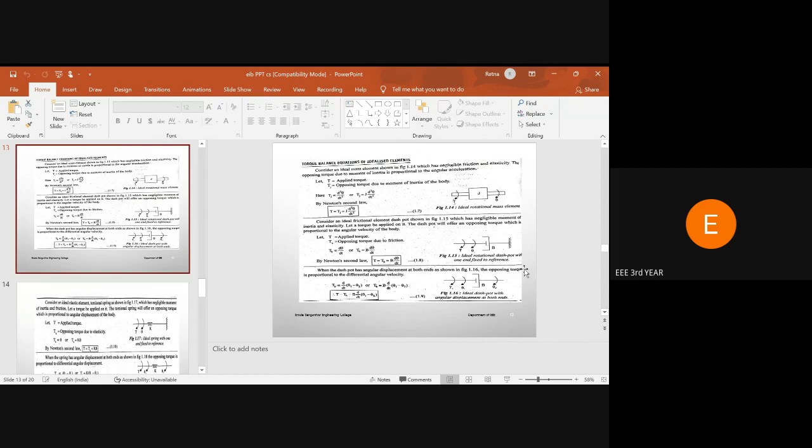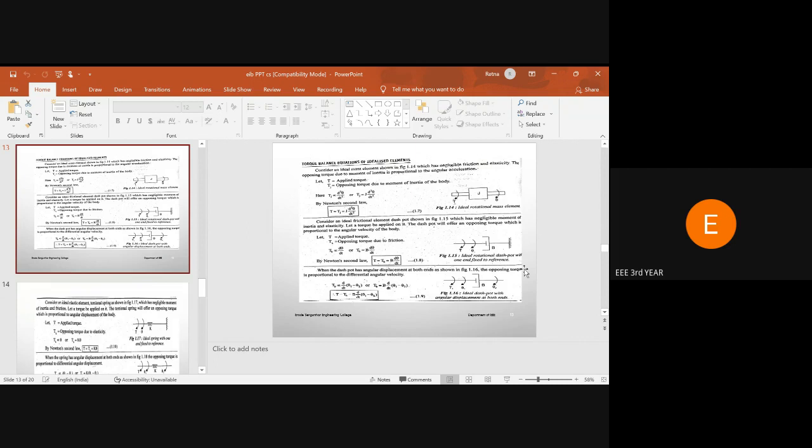In this formula, applied torque is T, opposing torque due to moment of inertia is Tj, opposing torque due to dashpot is Tb, and opposing torque due to spring is Tk. Opposing torque due to moment of inertia is Tj equals J into d square theta divided by dt square.